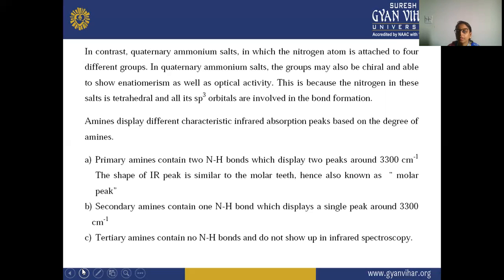In secondary amines, there is one nitrogen-hydrogen bond, which displays a single peak around 3300 centimeter inverse. And third is the tertiary amine.